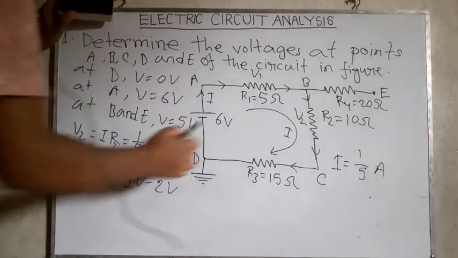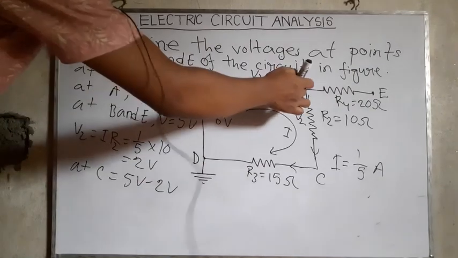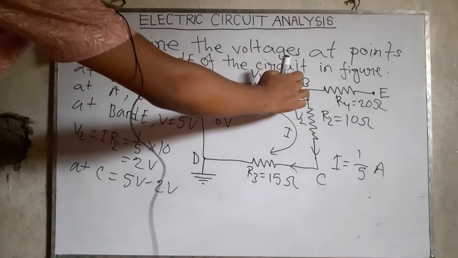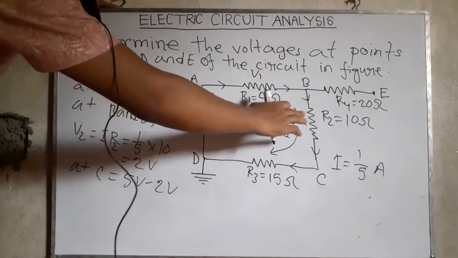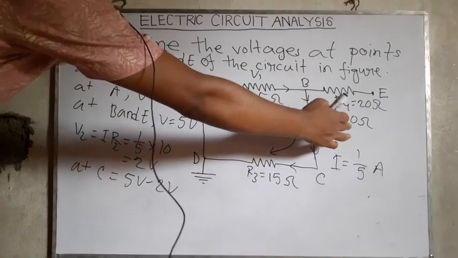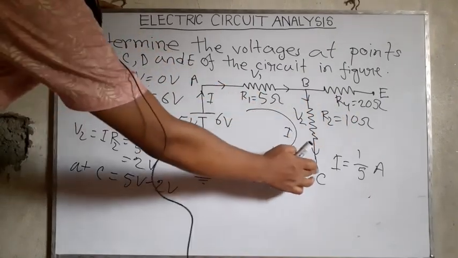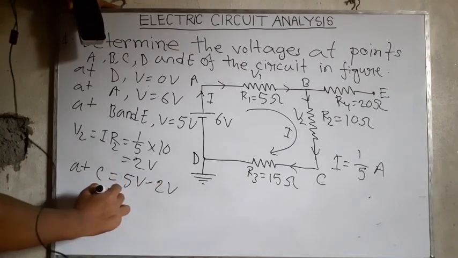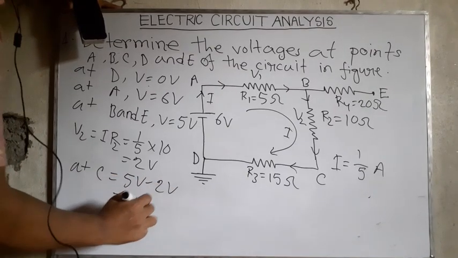Here the potential drop is 2 volt because the potential difference between B and C is 2 volt. The potential at B is 5 volt and 2 volt will be dropped across resistance R2, which is 10 ohm. Therefore, at point C the potential will be 5 volt minus 2 volt, which is equal to 3 volt.